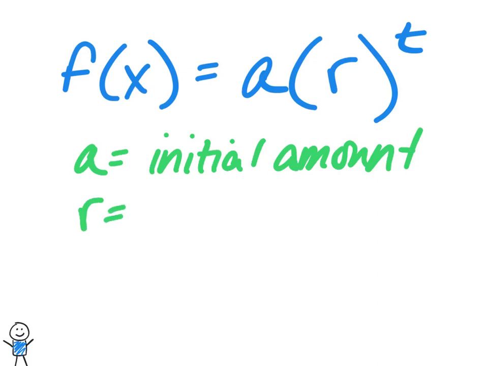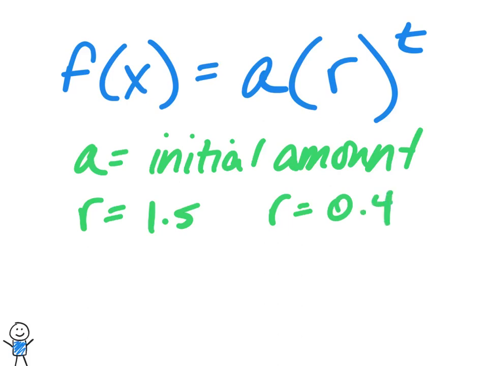R represents the rate, either the rate of growth or the rate of decay. And the rate is generally represented as a decimal in this particular formula. For example, the rate may be 1.5, just for an example. And 1.5 is representative of a growth function, or a rate of 0.4 is representative of a decay function.